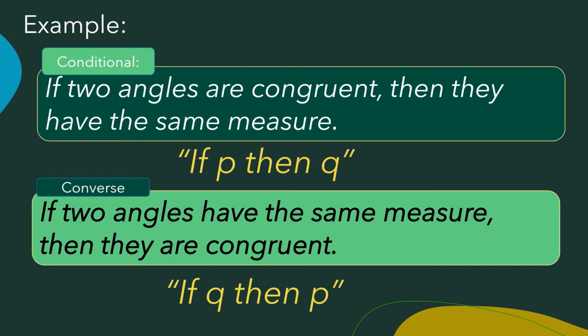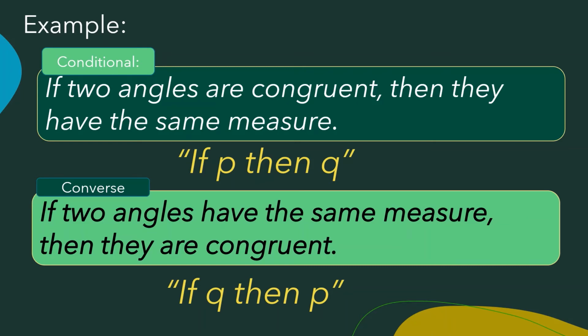Next example, if two angles are congruent, then they have the same measure. So that is in the form if P, then Q. In its converse, if two angles have the same measure, then they are congruent.